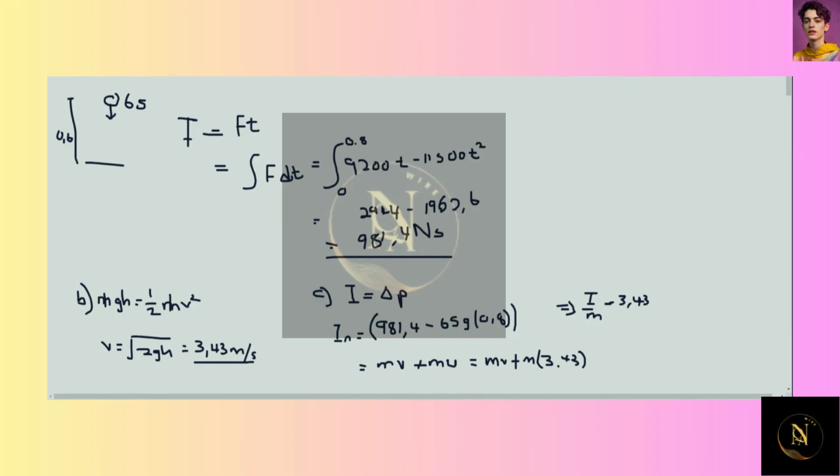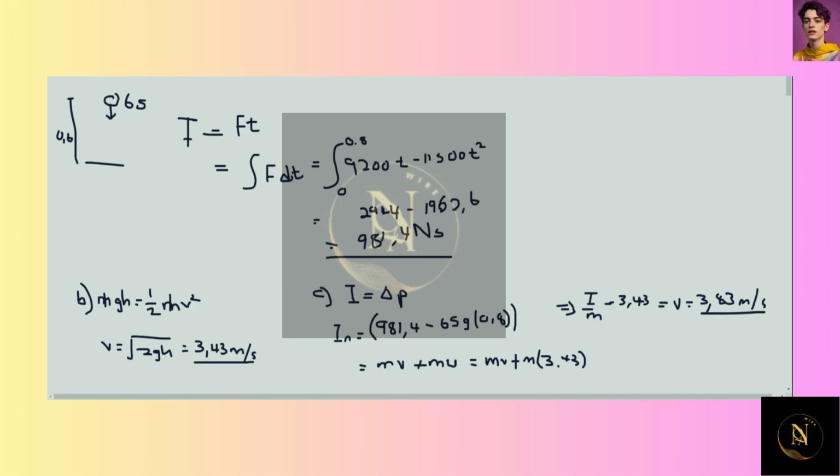If you do this computation, you'll see that your final velocity is going to be 3.83 meters per second.